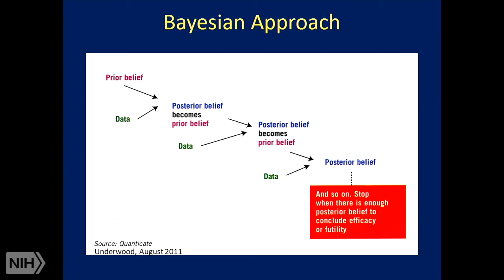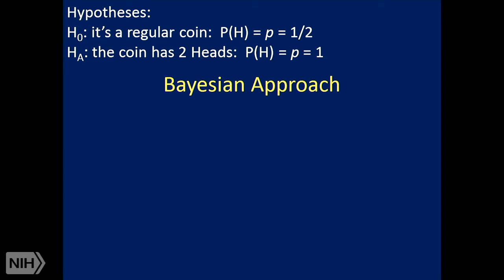Or you can even say, I have enough evidence now that there can't be any difference between the medication and placebo. But it's done sequentially. So that's just the thinking behind it. The math and the statistics get very complicated and very theoretical, but this is just the thinking.